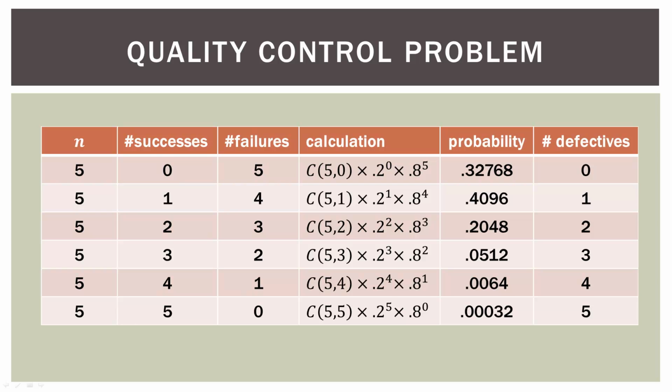And then finally, the probability of all 5 of our selections being defective is 0.00032. A very small probability. And that should make sense. Even if we have a defect rate of 20%, the probability of going up to the end of the assembly line at 5 different points during the day and selecting a product, and all those products being defective, is very low. Now if you notice, if we add up that probability column, what does it add up to? 1. It adds up to 1.